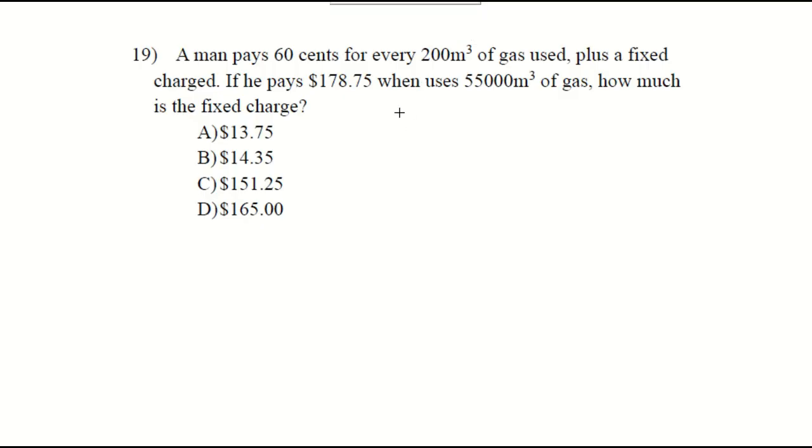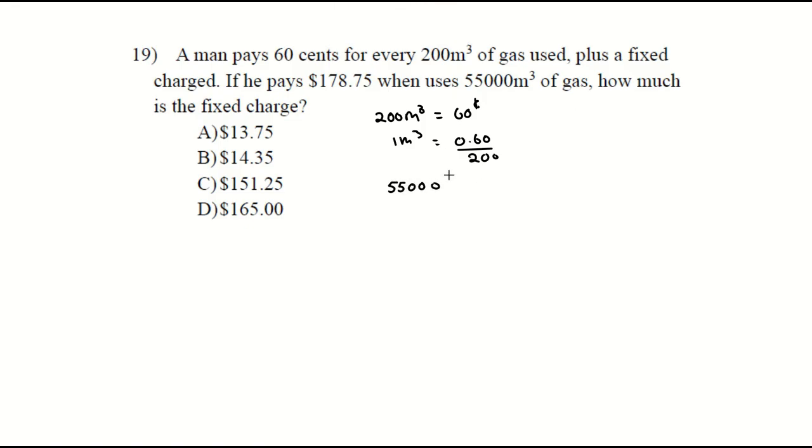So first off, we know 200 meters cube is 60 cents. That's what they told us, right? So 1 meter cube would be 0.60 divided by 200. And then we want to know how much is 55,000.